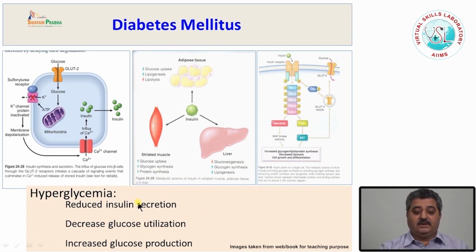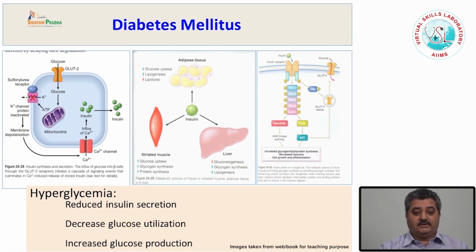So either there is reduced insulin secretion that affects glucose metabolism, or there is decreased glucose utilization. For example, in the organs where glucose is utilized, there may be a defect in those organs, which causes raised glucose levels in the blood.